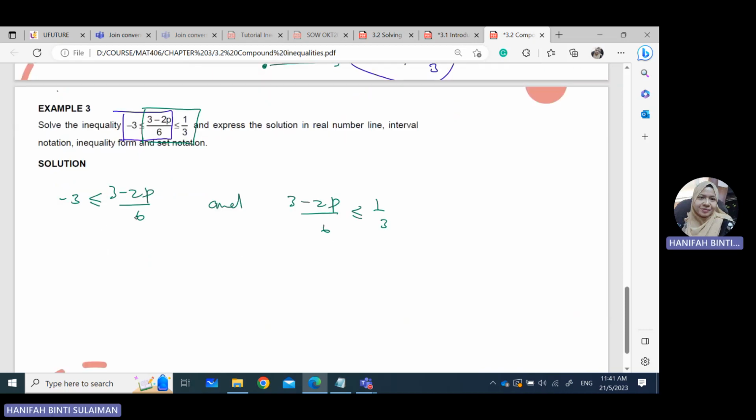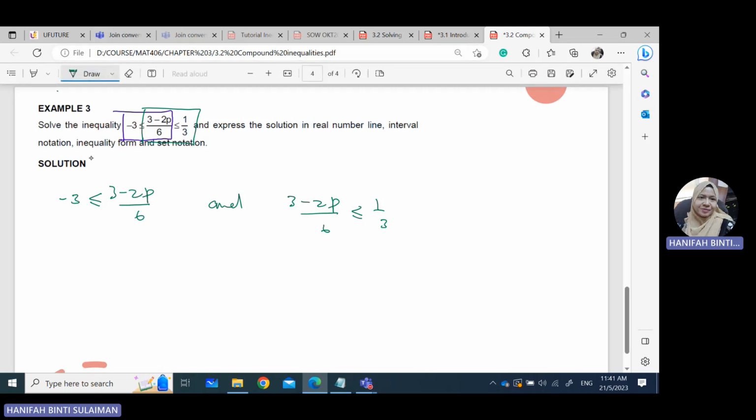Okay. Alright, so yang ini nak selesaikan yang ini kita darabkan dengan 6 lah, left hand side, right hand side. So kita darabkan dengan positive number, so yang ini tak perlu berubah. Does not change. Okay. So negative 3 times 6 less than or equal to (3 minus 2P)/6 times 6. Simplify. Then here we have negative 18 less than or equal to 3 minus 2P. So solve for this 2P.